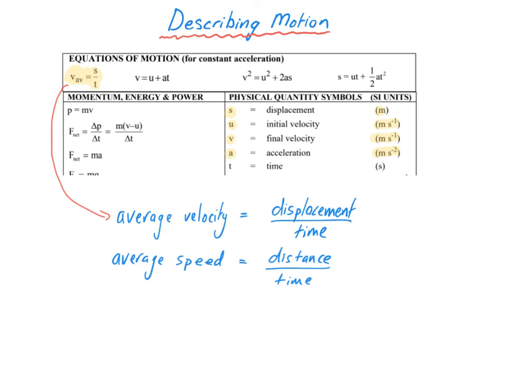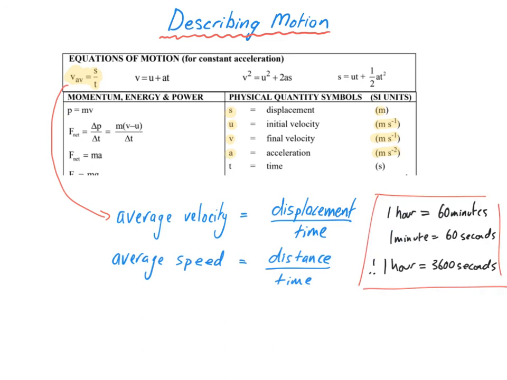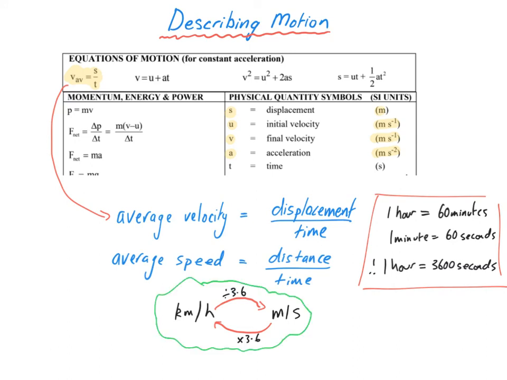You also need to remember some conversions for time. It is also important that you remember how to convert between kilometers per hour and meters per second. This is best done by simply remembering that to convert, we either times or divide by 3.6. When making this conversion, please do a quick check.